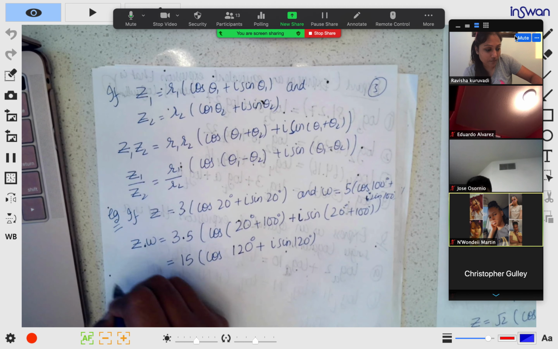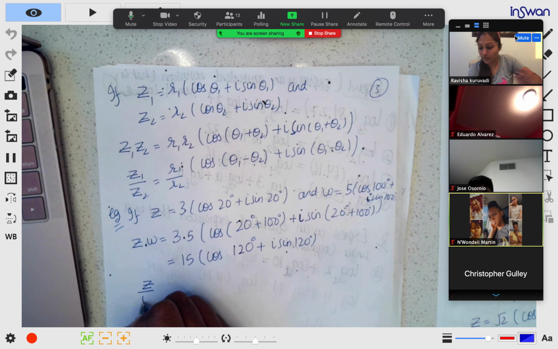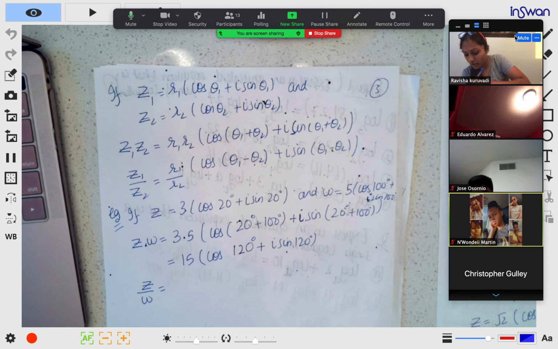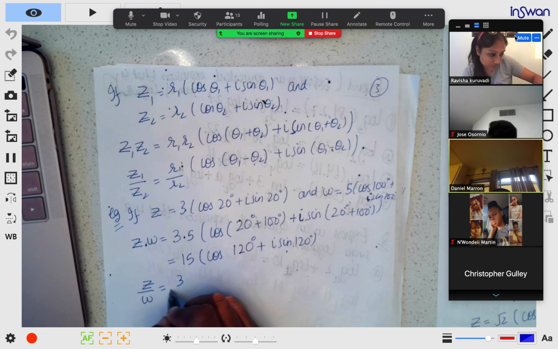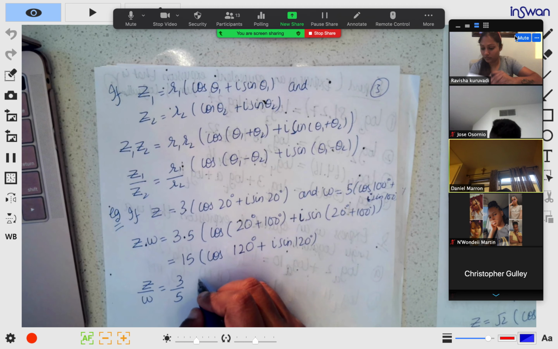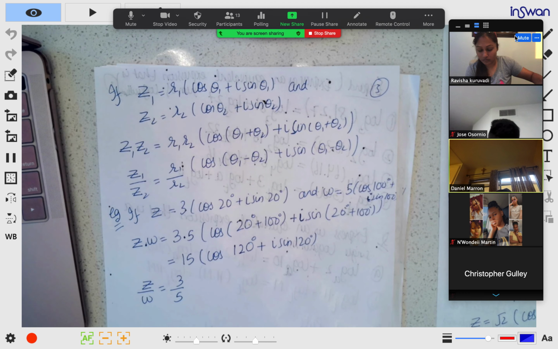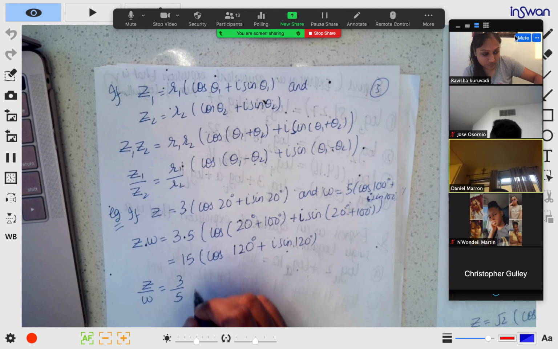If I say you have to find z over w, you have to divide z by w. Daniel? Yes. Okay, Daniel. Now we have to divide. Okay, so it will be 3/5. Then it's cosine 20 minus 100.